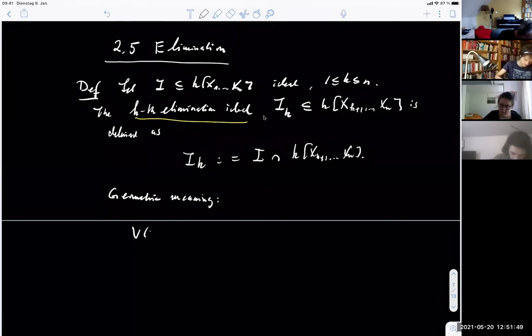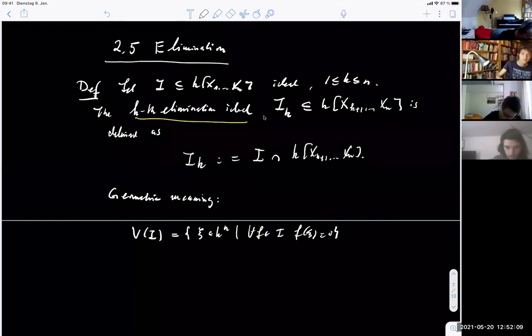Okay, I'll be brief. There is the zero set, V of I: the set of points, let me call them xi and write xi instead of x because x is a variable, xi in k to the n, such that for all f in I, f of xi equals 0.